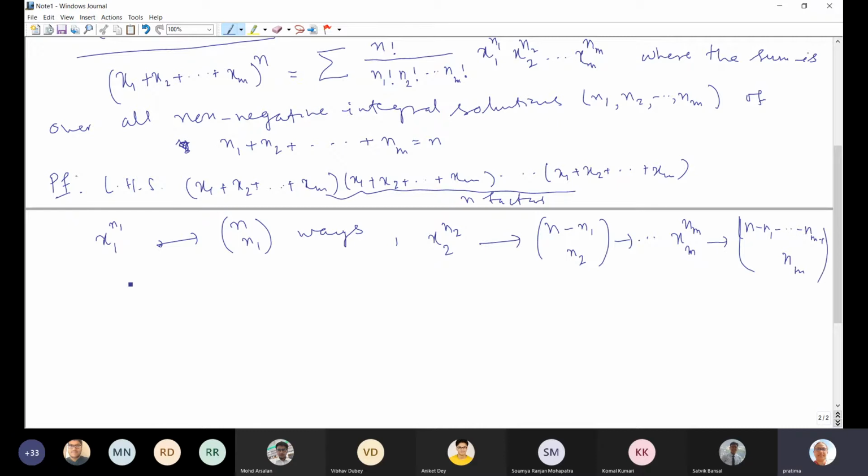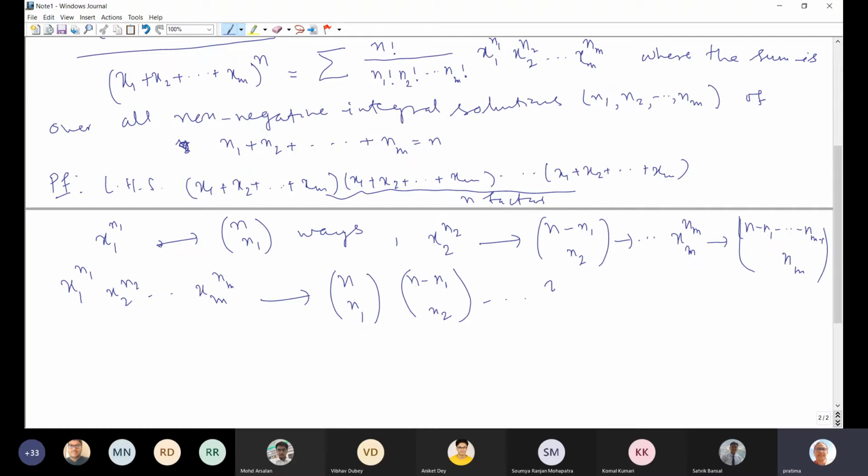And you know the product. Therefore the term x1^n1, x2^n2, up to xm^nm is selected by taking this product. And you know the value of this product.